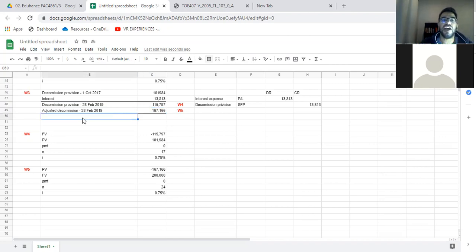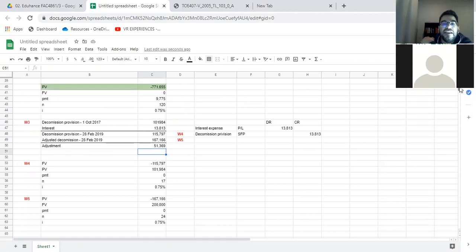The debit goes against the right of use asset. The adjustment is the difference, 167 minus 115, which is 51,000. That 51,000 is an adjustment made against the right of use asset.